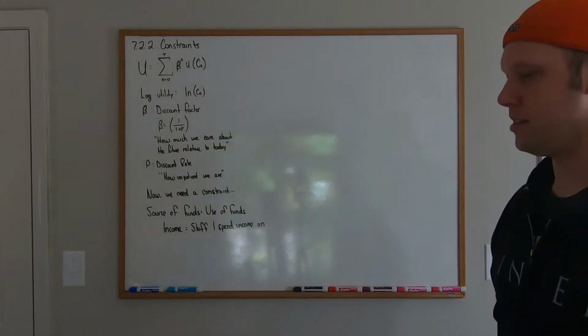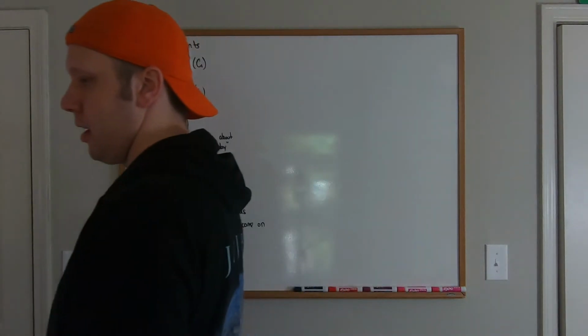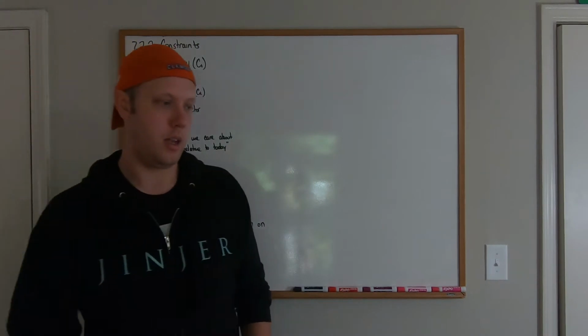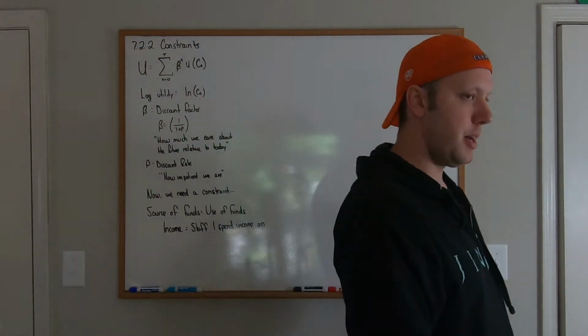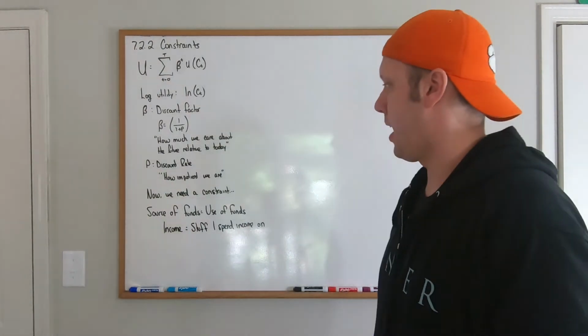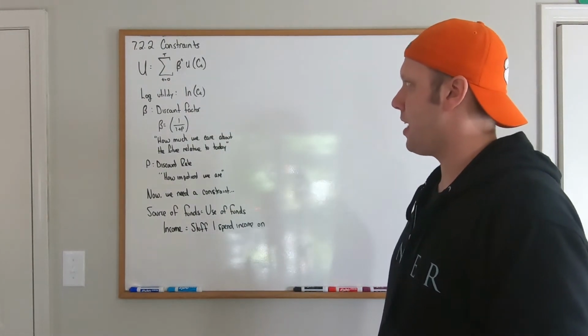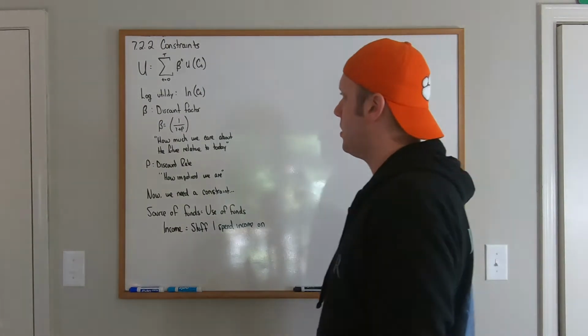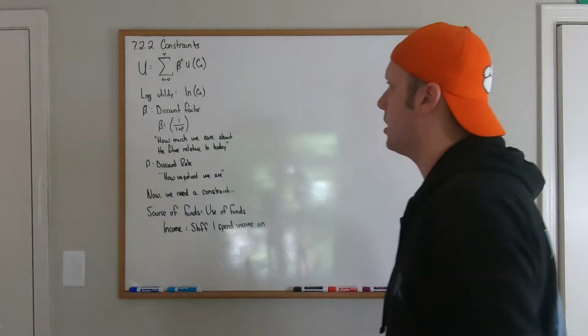Now, in a static sense, that's like you make $800 a month, then all you can spend is $800. But there's a little bit more to it than that. And before we get that far into the weeds, let's look at what this constraint is going to be.